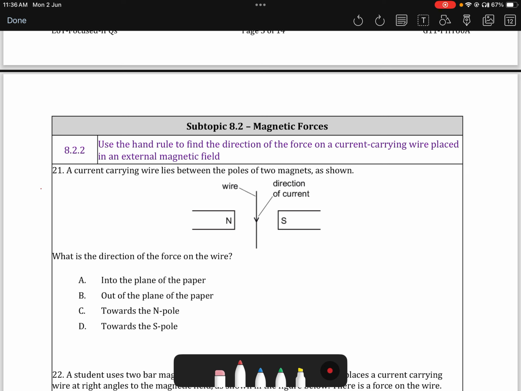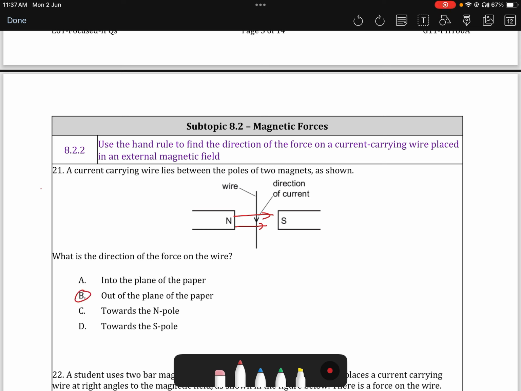Since the magnetic field is from north to south, it's from left to right. Using our right hand, thumb with the current, index with the magnetic field, we realize that the force will be out of the page.